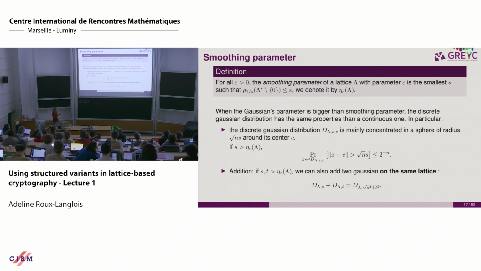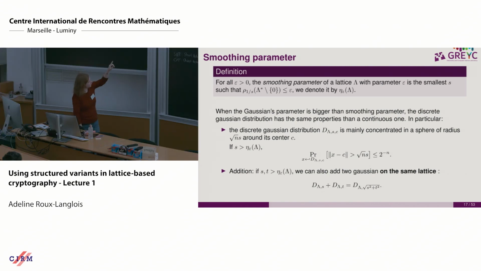So if your parameter is greater than the smoothing parameter of your lattice, you will have very nice properties for your Gaussian sampled on your lattice, which are quite the same as in a continuous one. So in particular, your element will be short, around its center. This is the first item.